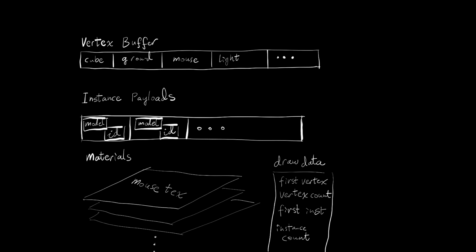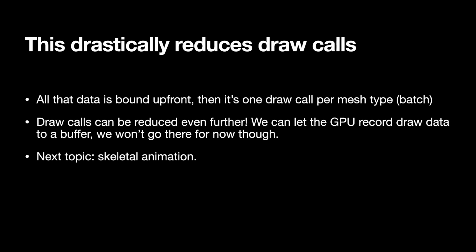Okay, well, if we do that, we'd better have 1,000 model matrices or something defined, sitting there in the buffer, ready to read from memory. But provided we have that, it should work just fine. Yeah, cool. So instead of a whole bunch of draw calls, we just have one draw call for every type of mesh that we want to draw.